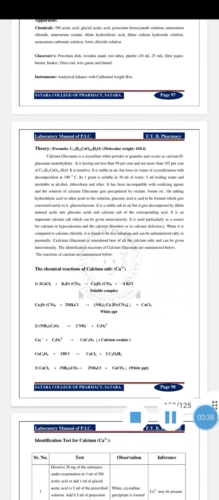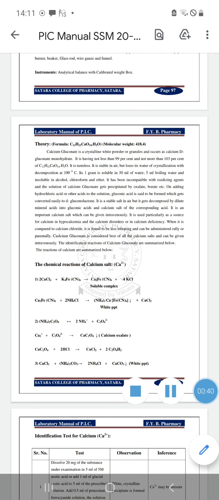Then theory. Calcium gluconate is a crystalline white powder or granules and occurs as calcium D-gluconate monohydrate. It contains not less than 99% and not more than 103% of calcium gluconate with water. It is tasteless and stable in air, but loses its water of crystallization with decomposition at 100 degrees Celsius.